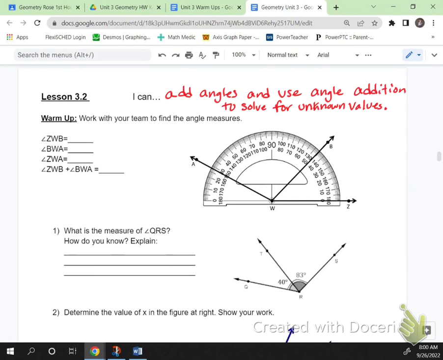That's our goal for today. Right now you're trying these problems with the given protractor printed on your paper. Find the measure of those angles, please.